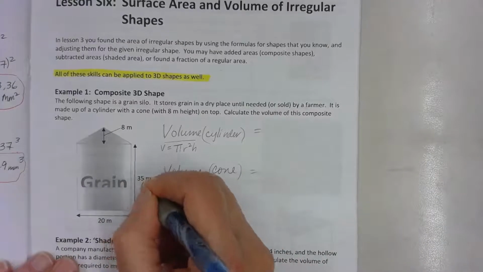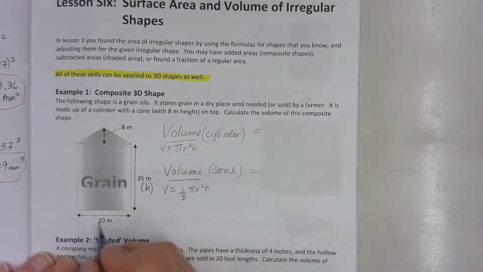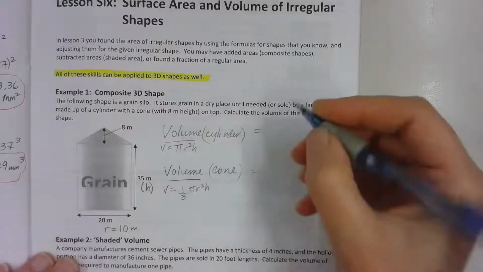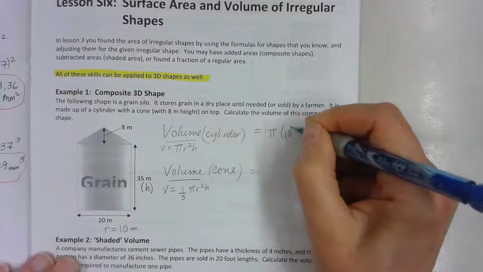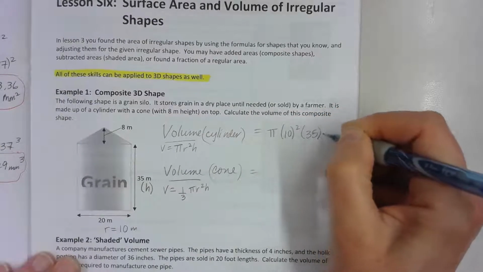Okay, well this is h for the cylinder. That's the diameter, so that means the radius is 10. All right, so volume equals pi 10 squared times 35.